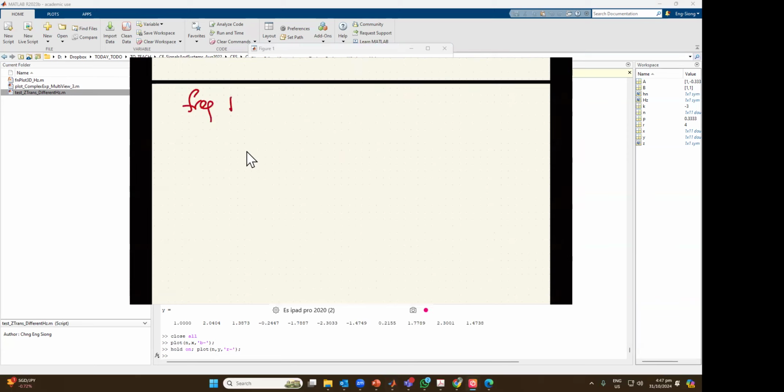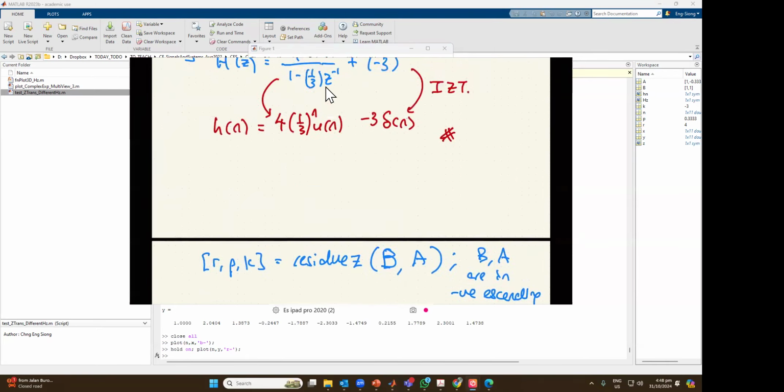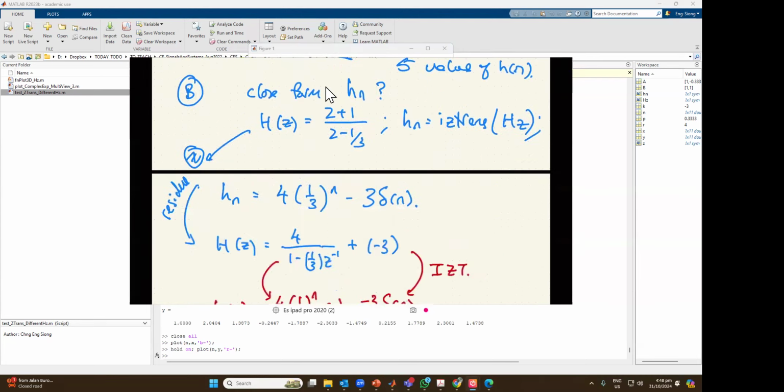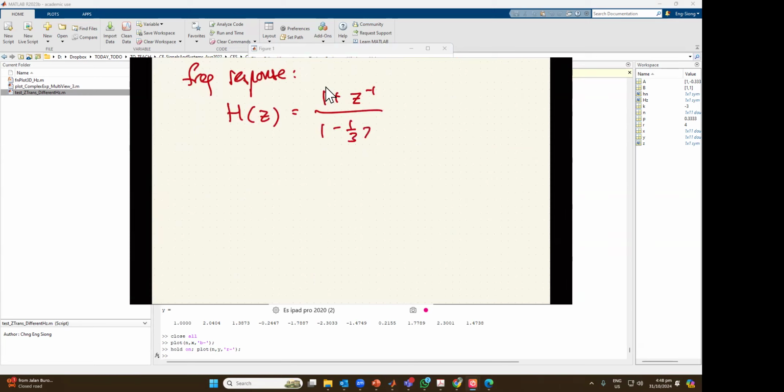Frequency response. H of z is equals to, what's my equation again? 1 plus z minus 1, over 1 minus 1 third z minus 1.